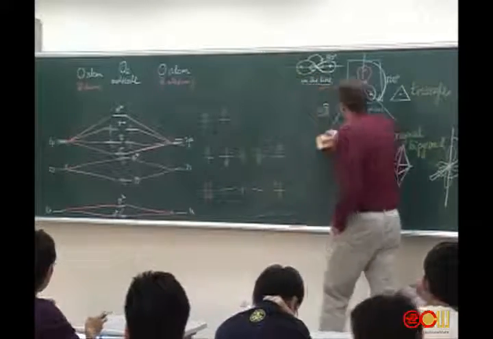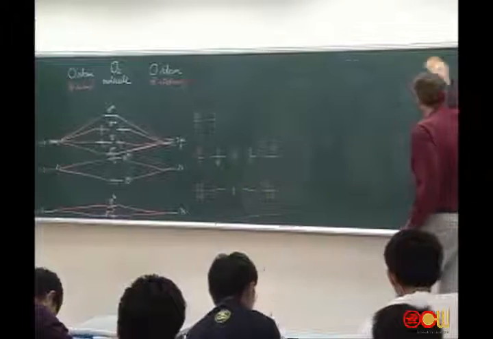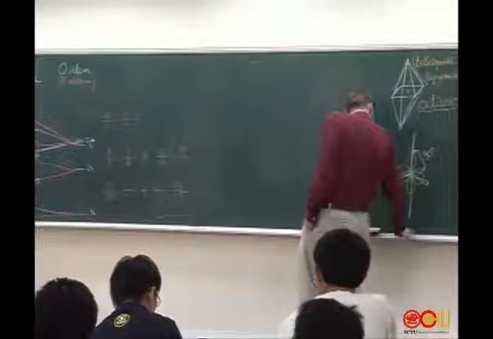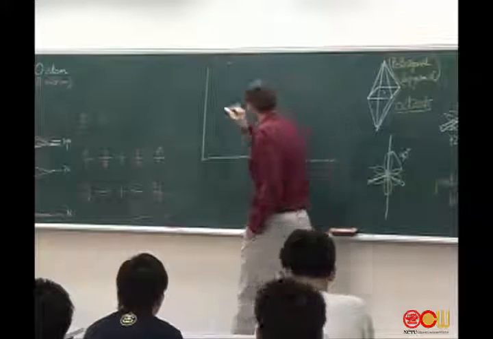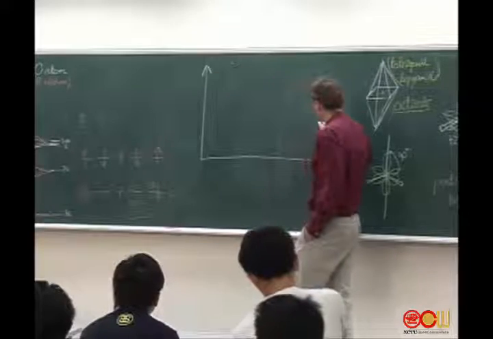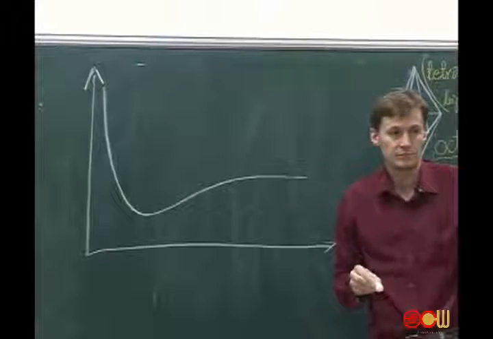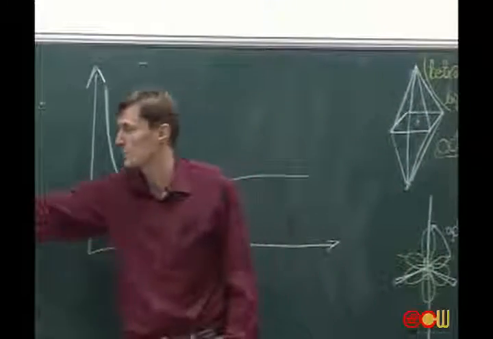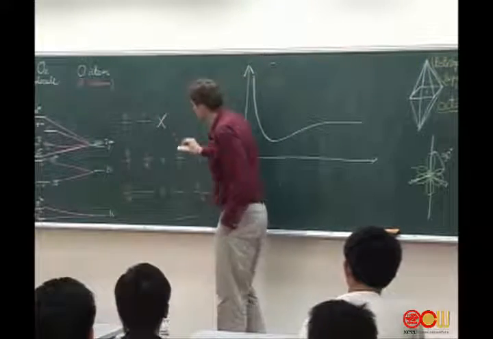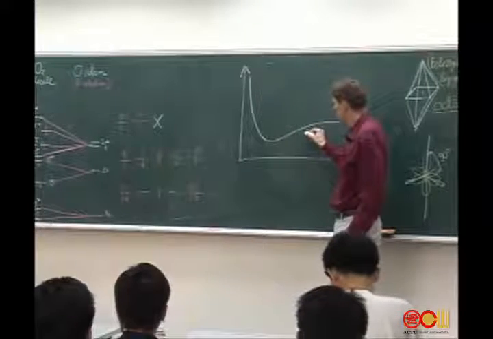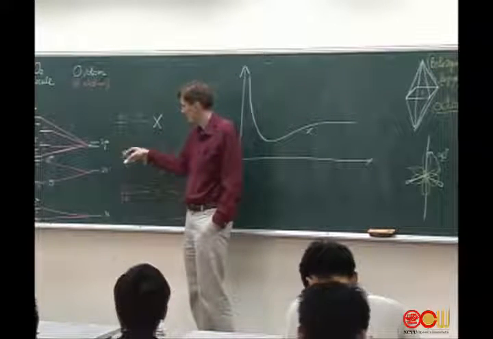So what happens for the oxygen 2 molecule? We know that the potential energy curve looks something like that. And that would be this one, the ground state. I denote it by X. Usually in spectroscopy it is denoted by X. Then you see that this one will spin up, and this one will spin up, spin down.